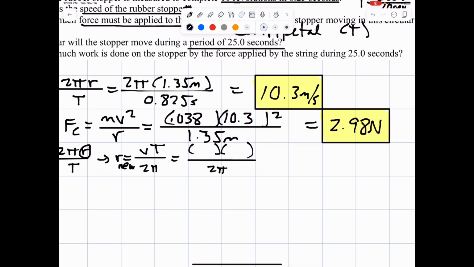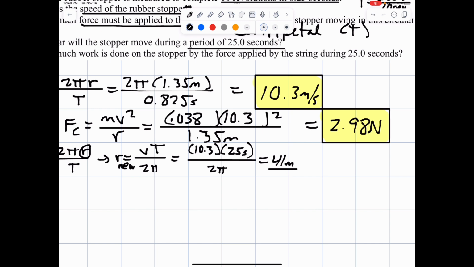Nothing is changing except for the radius, but we're keeping the same speed to make this new period happen. So 10.3 is still our speed. The time period is 25 seconds. We're going to go 10.3 times 25 and divide that by 2 pi. When you do that, you get a new radius of about 41 meters.